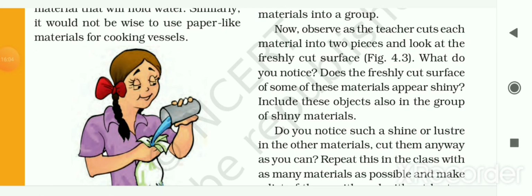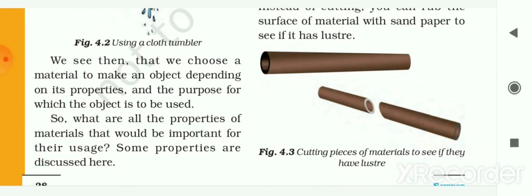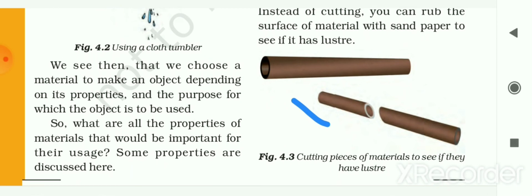Now try to cut each material into two pieces and look at the freshly cut surface. Here it is shown to you. One metal rod is given to you, and in the second picture the freshly cut metal rod is given to you. Look at its fresh cut. It gives a shine.